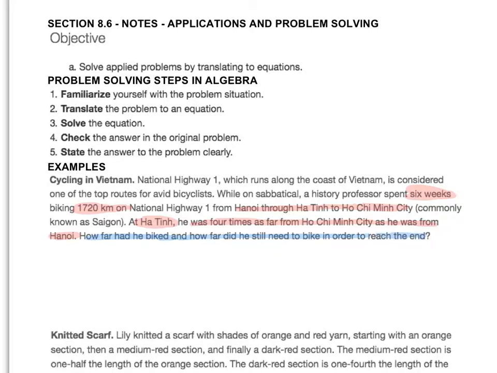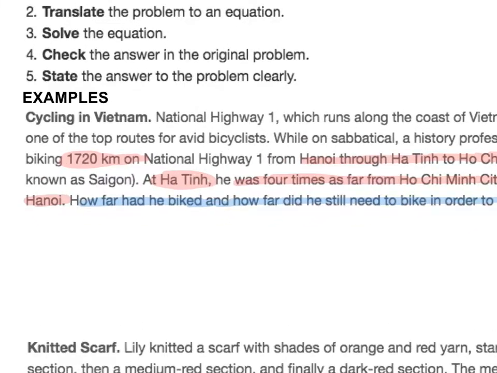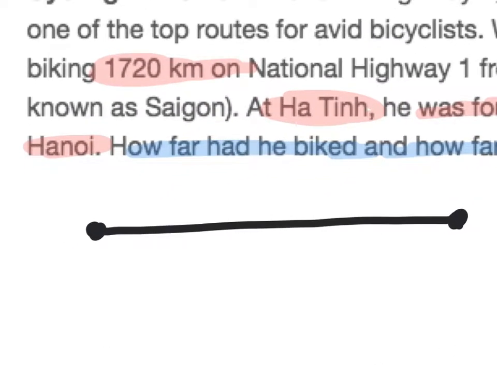One of the things I'm going to do here is draw a picture to help familiarize myself with this problem. I'm going to draw a number line, starting at one point and going to the other. At one end point, I'm going to write that he starts at Hanoi.